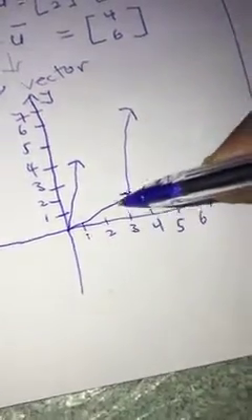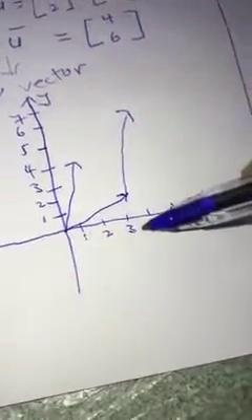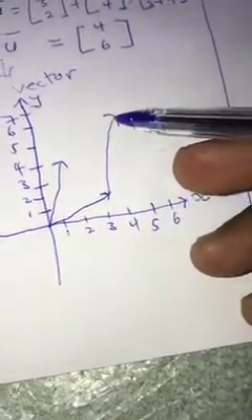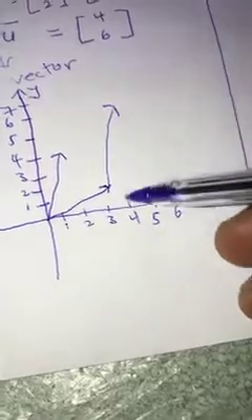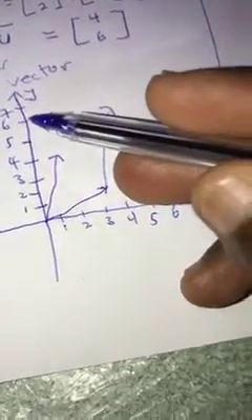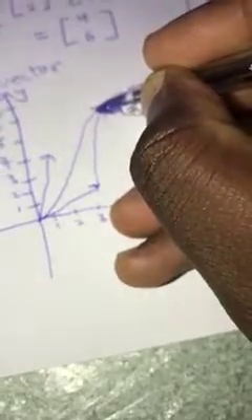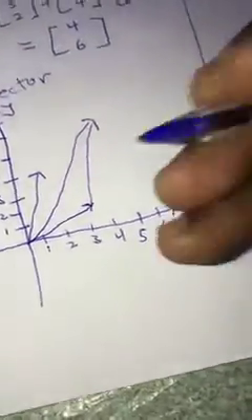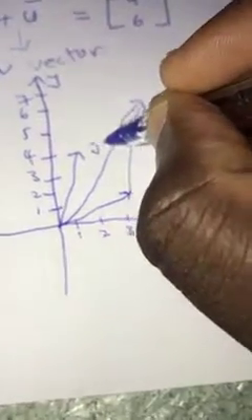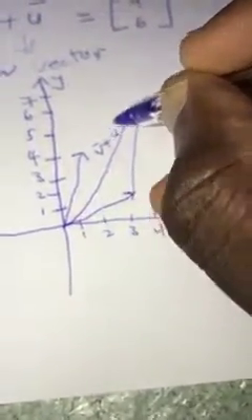And then I can also decide to bring this here. Now look at something. You see this vector, the head of this vector is on the 4, right? And here is on the 6, so we have it. Then I can use a long ruler here. Do you understand? And so this is going to be my vector V plus my vector U.